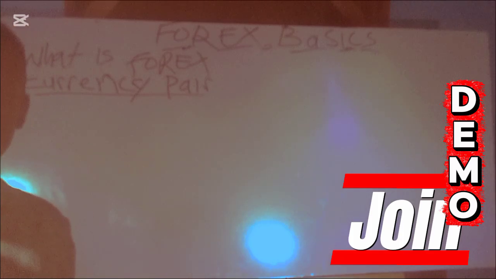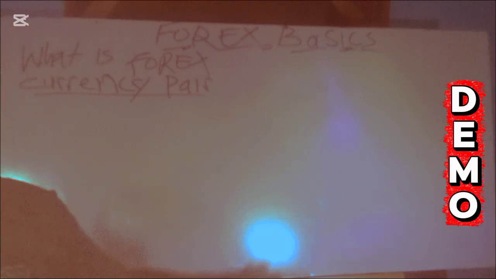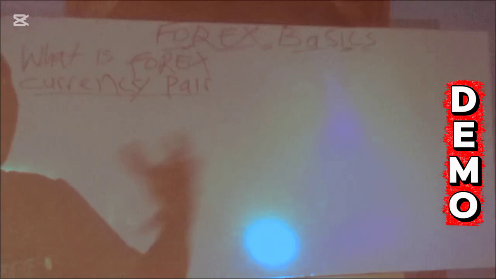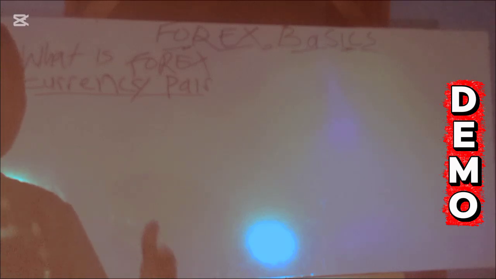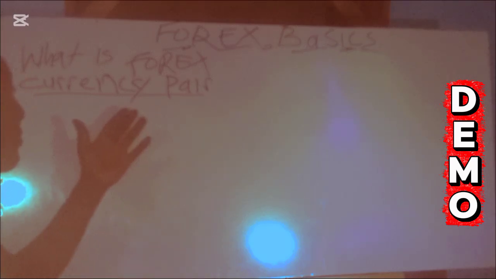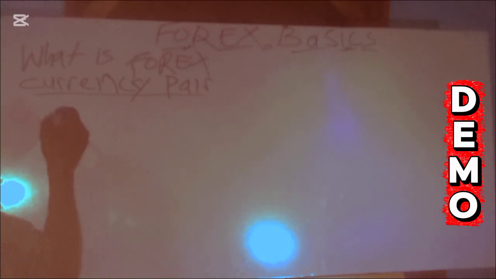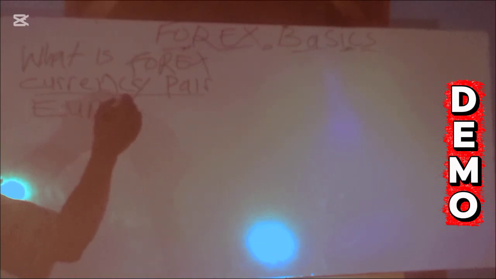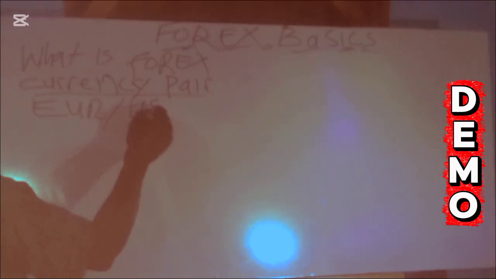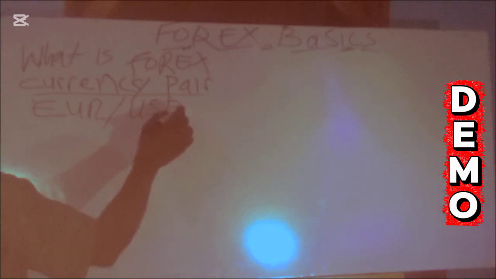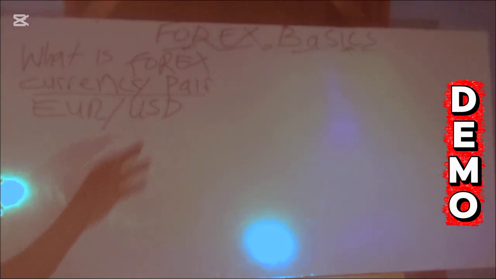We have the Japanese yen, we have the dollars, we have the francs, we have the euro, we have a lot of money across the world. Because forex is all about you selling money and buying money. So you need to know which money you are buying. And here we want to narrow down to our euro and USD. USD means dollars, euro and dollars.